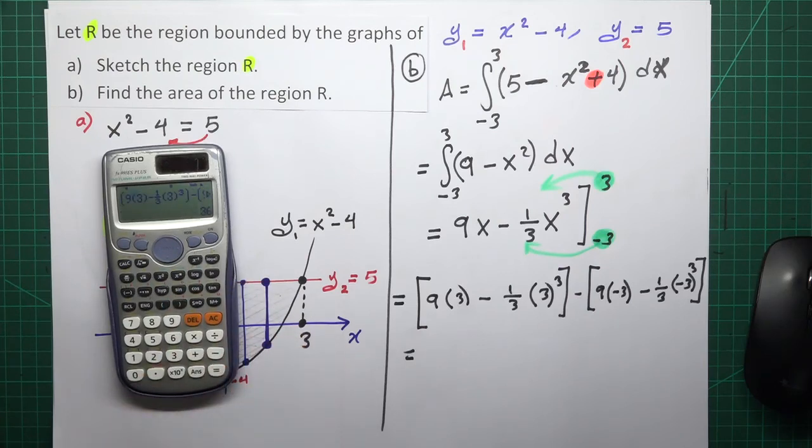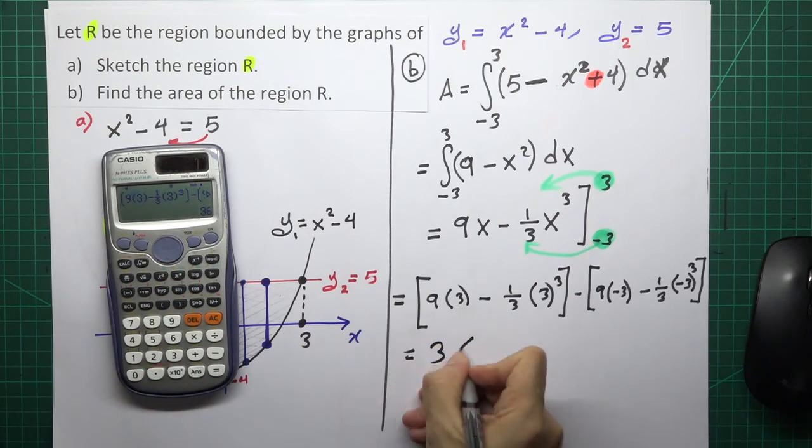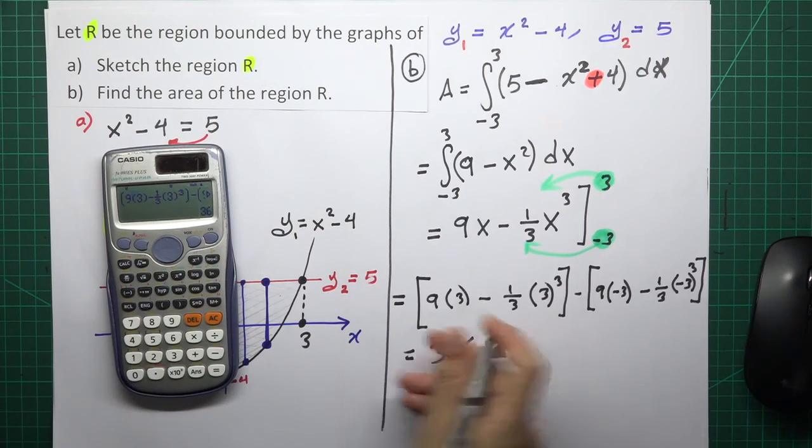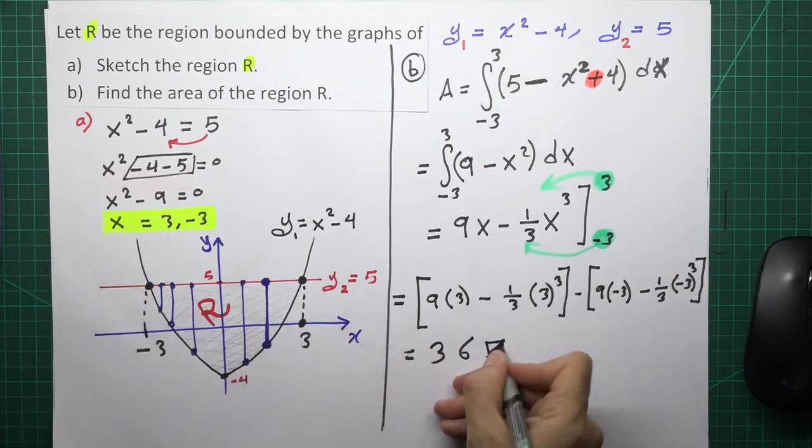And the answer is 36 square units. And this problem, of course, is done.